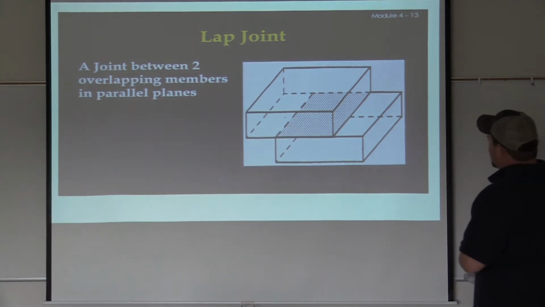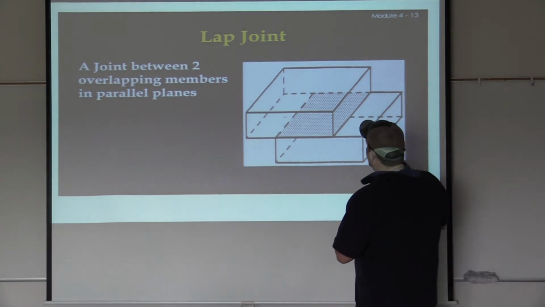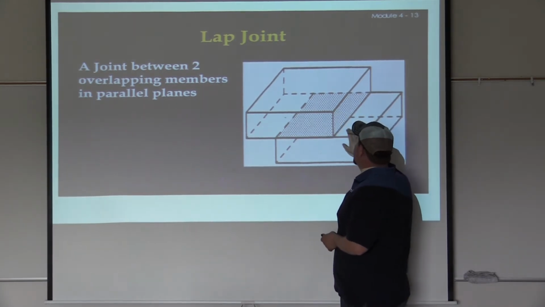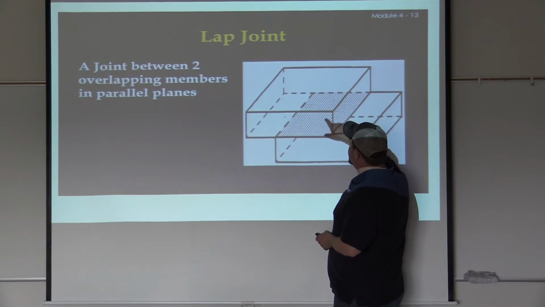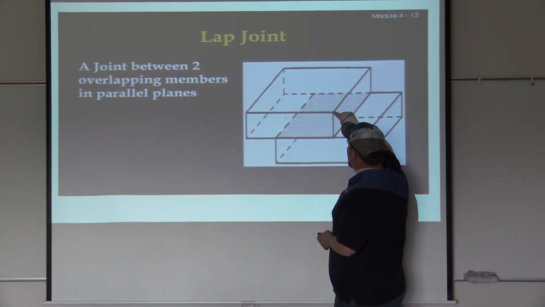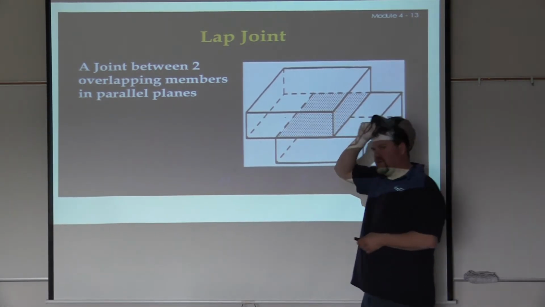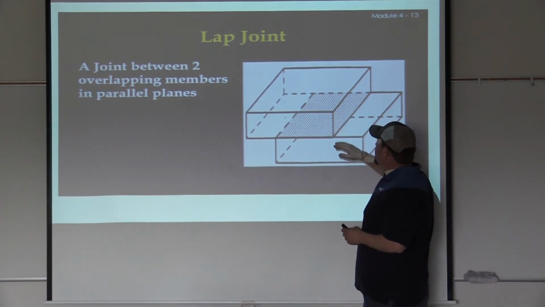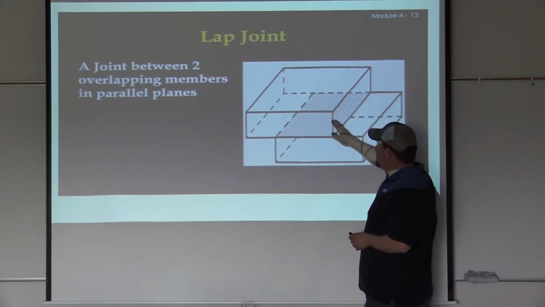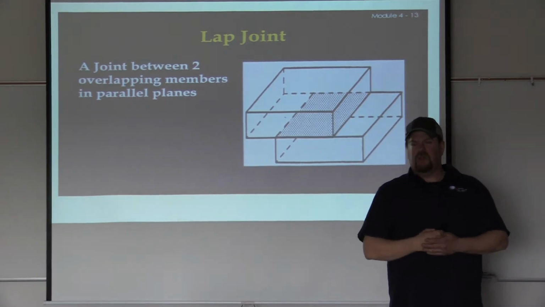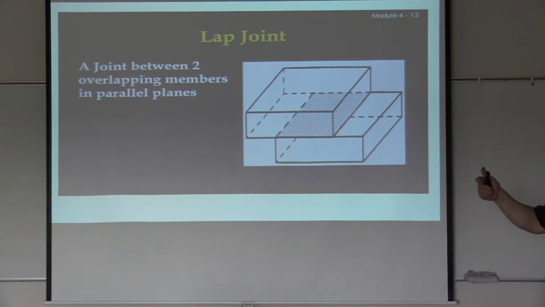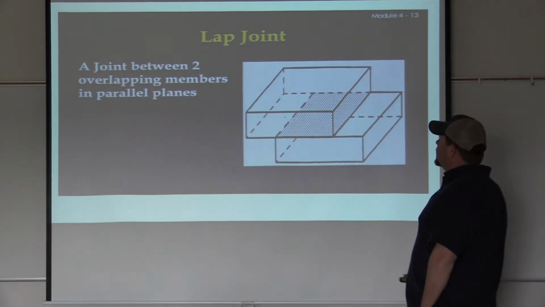The difference here would be the weld size, so your theoretical throat and effective throat and everything else, which we'll talk about here in a few. You typically want to make sure that you have the same height as your actual base metal. Sometimes it gets hard to get a weld higher than that, but it's very easy to get a weld that's concave on a lap joint as well. Usually when I see a lap joint, the first thing I look for is, is it concave or is it convex, okay?